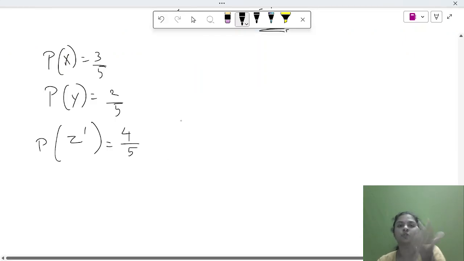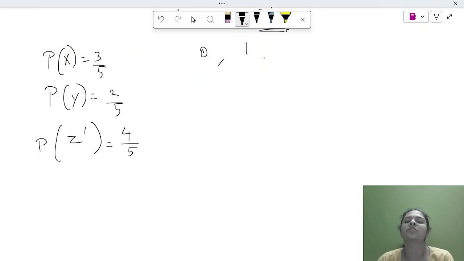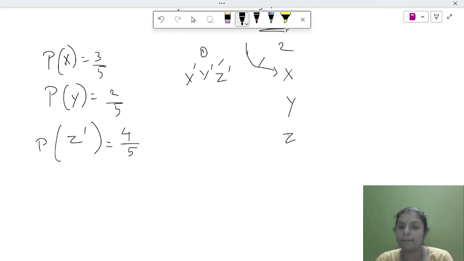Now, the question is asking, find the probability that at most 2 solve the paper. At most 2 means what? 0 solving or 1 solving or 2 solving. Now 0 solving is X dash into Y dash into Z dash. 1 solving means X will solve or Y will solve or Z will solve. But you cannot write it just like that.